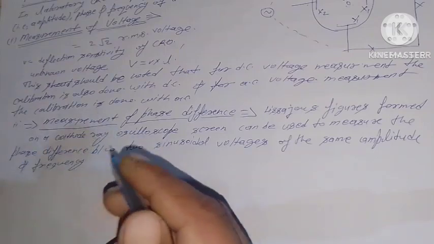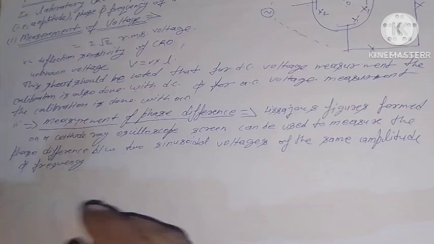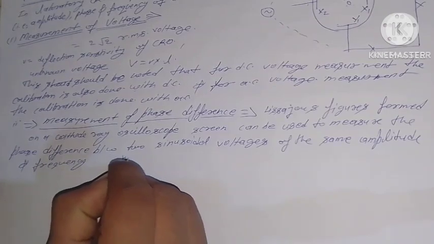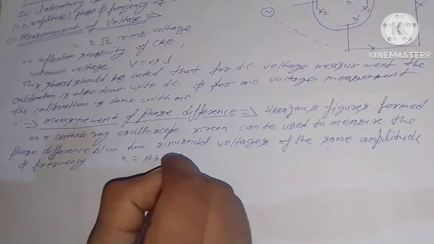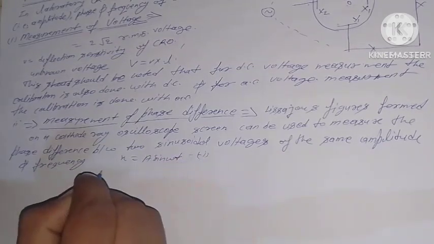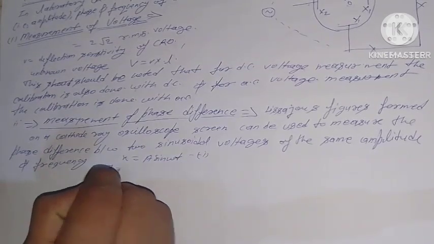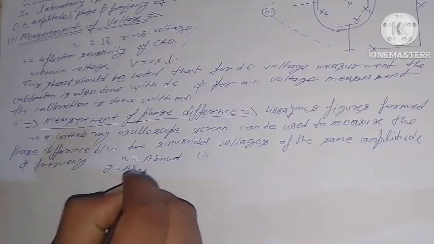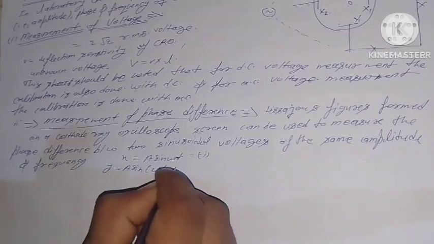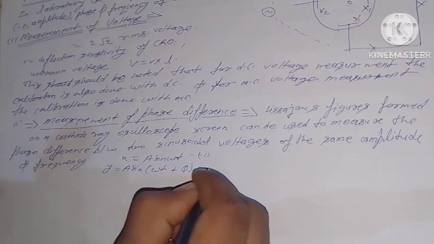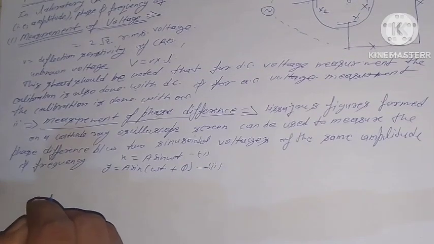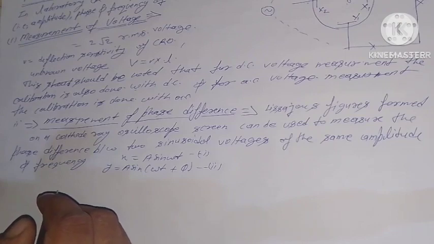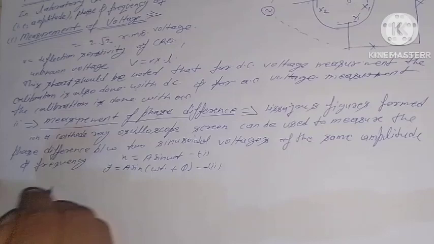If the two voltages are represented as x equals a sin omega t, this is equation number one, and y equals a sin(omega t plus phi), this is equation number two, where phi is the phase angle by which the sinusoidal voltage y leads the voltage x.